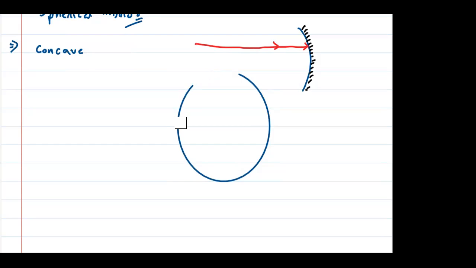Suppose we have a spherical glass like this and I cut it to form a portion of the spherical glass. This small portion from the whole sphere is called the aperture. Got it? A small portion of a whole sphere is called your aperture. What is aperture?